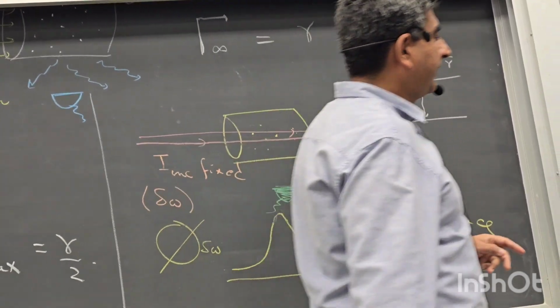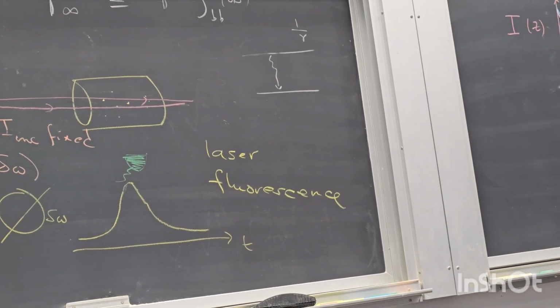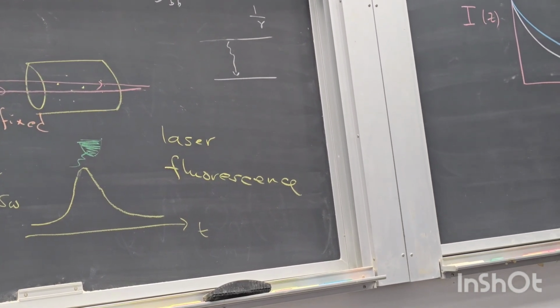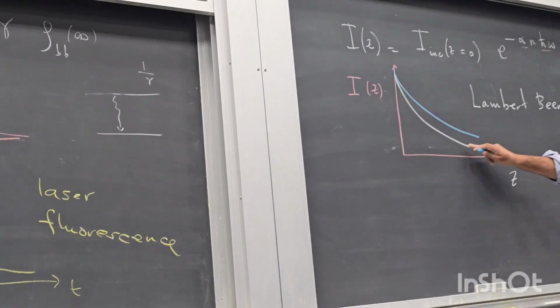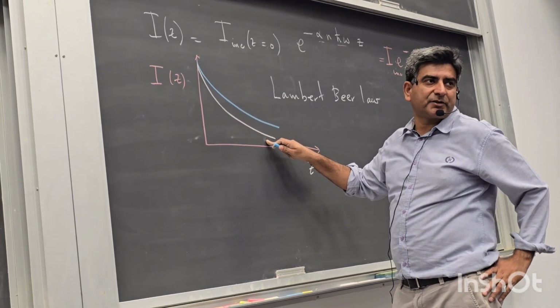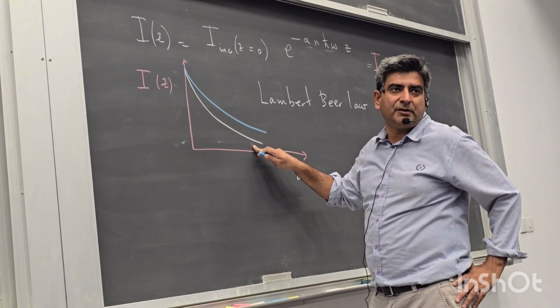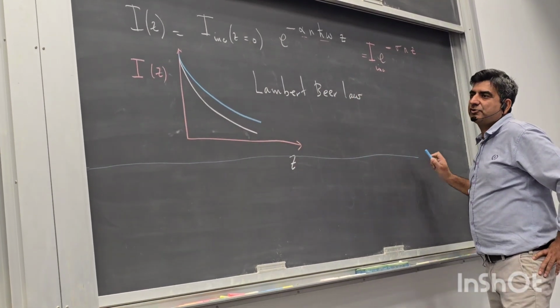The rate at which the intensity drops is proportional to alpha, and that alpha is proportional to the photon scattering rate. The higher the photon scattering rate, the faster will be the absorption. So this is how a gas of atoms absorbs electromagnetic radiation.